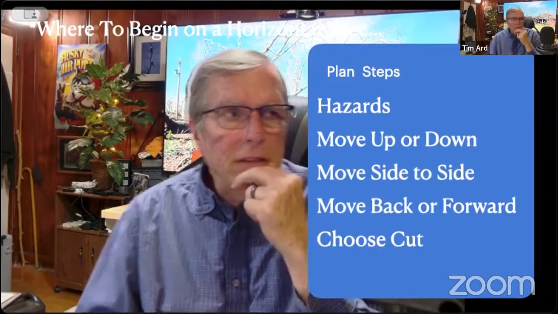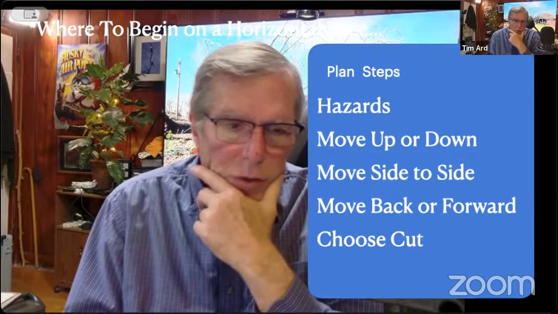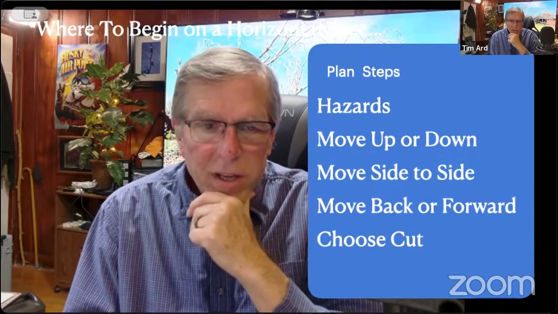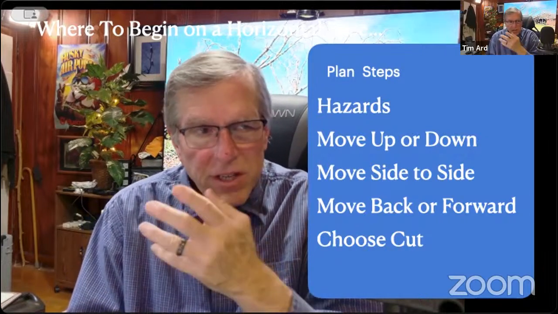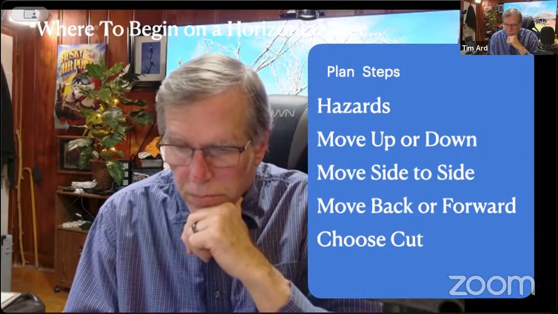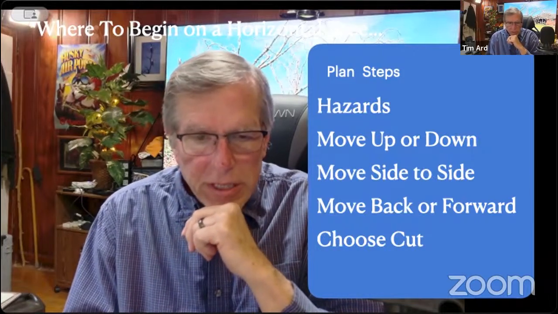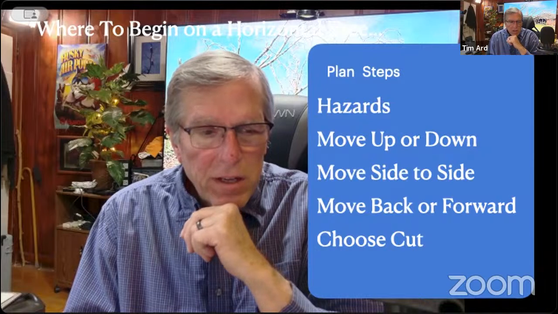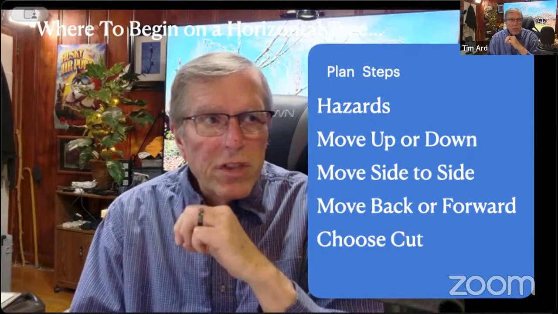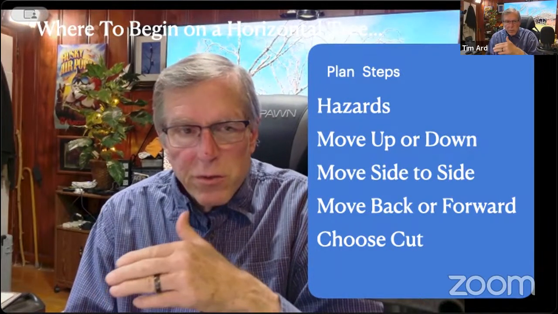If we take a look at the planning steps on a horizontal, I know it seems kind of elementary, and really it is, but you have to think through these steps every cut that you attempt to make.